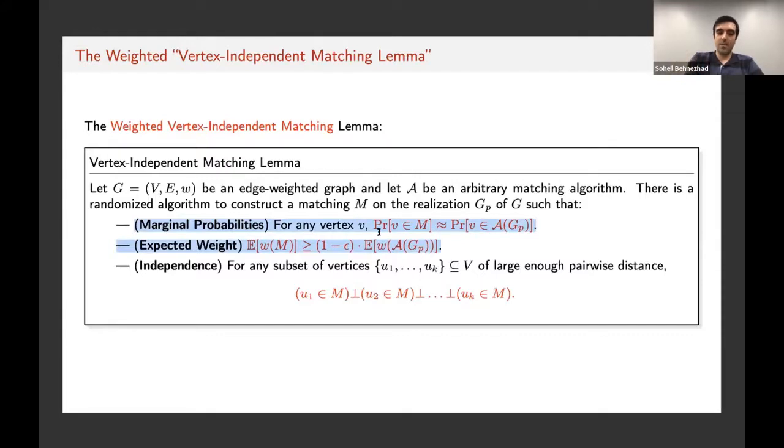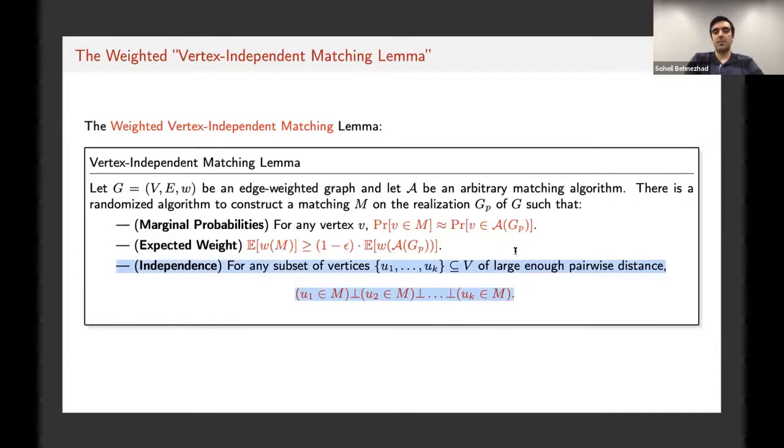And at the same time, the matching that I report is also going to have approximately the same weight as your algorithm. But in addition, my algorithm also satisfies a useful independence property, which basically says that if we pick any subset of vertices that are pairwise far from each other in the graph, then the events regarding whether or not these vertices are matched in our final matching are independent events.